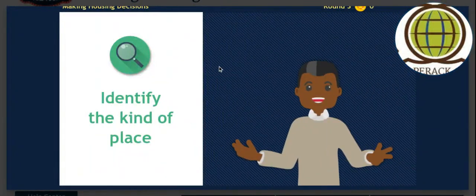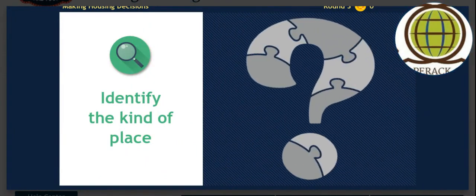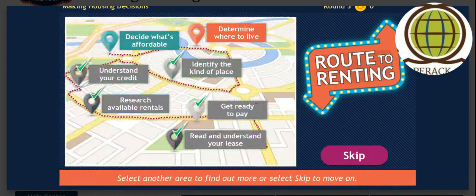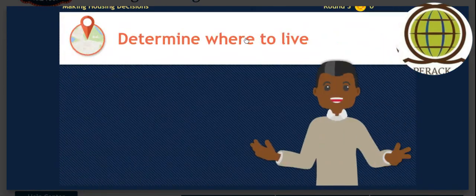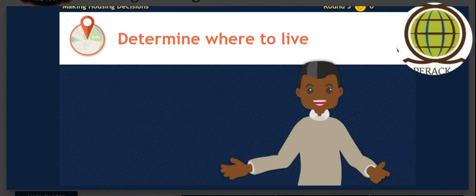Consider the range of available options for rental housing in the area you want to live. Think about whether you want to rent a room, apartment, or a house. Perhaps you want to explore public housing options or something else. Before you rent a place to call home, you need to figure out where you want to live.